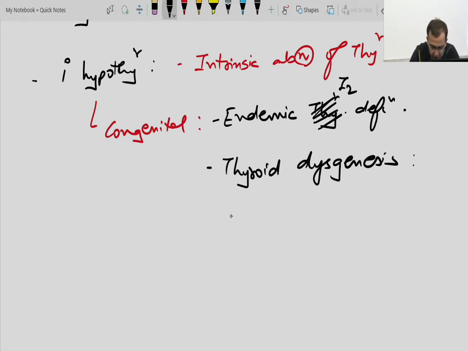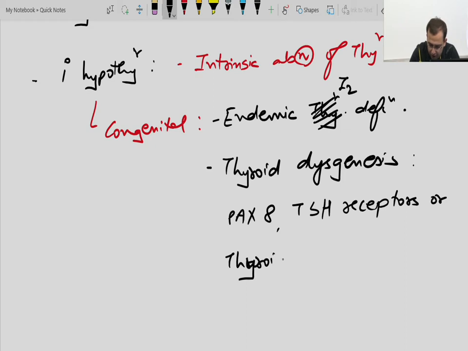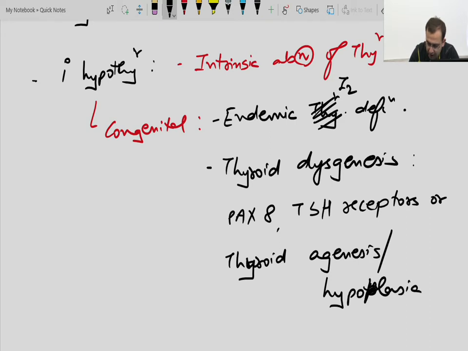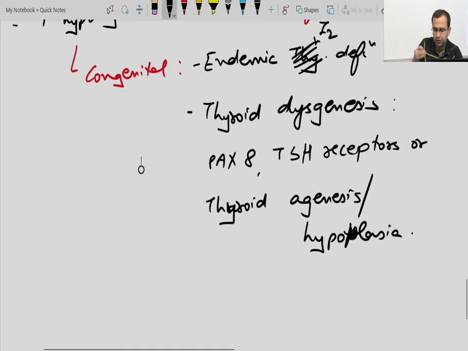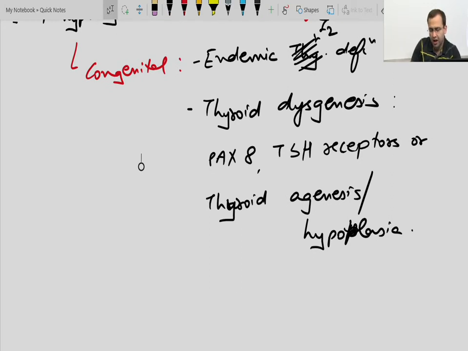The mutations in PAX8, TSH receptors, or thyroid agenesis or hypoplasia. That is any cause of congenital reduced thyroid: iodine deficiency, thyroid dysgenesis.